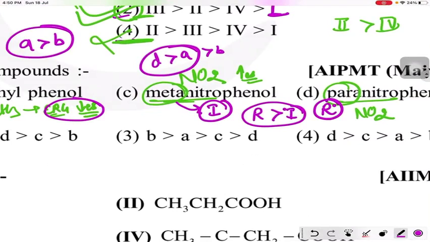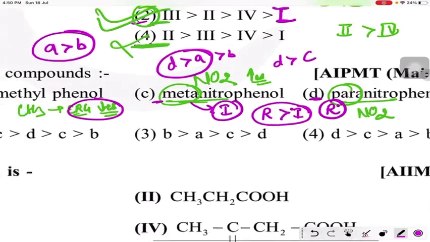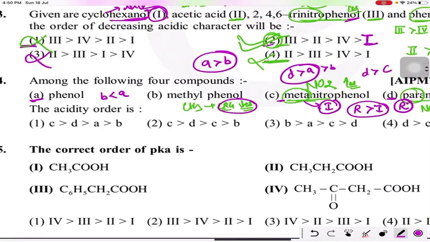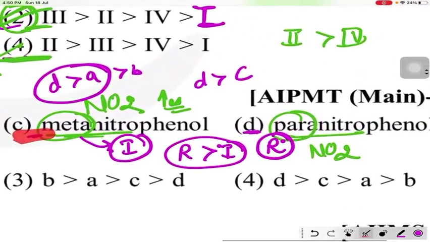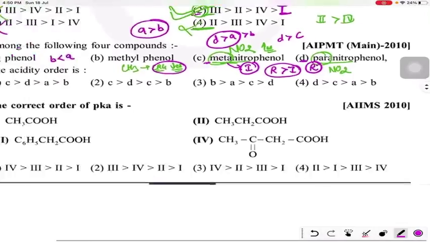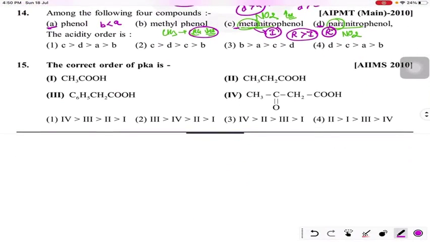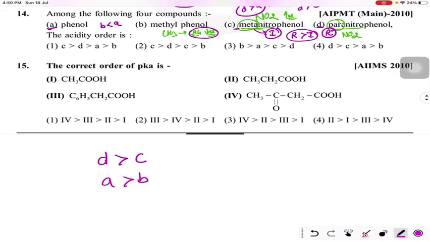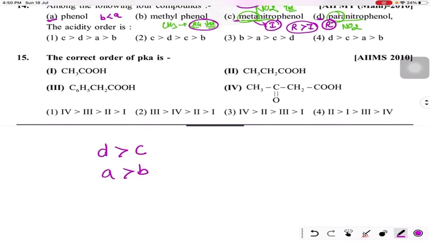One more order is there, between D and C. D is a stronger acid than C. Now between C and A, because C has a nitro group but phenol has no such group, C will be a stronger acid than A. So D is stronger than C, A is stronger than B, and C is stronger than A.